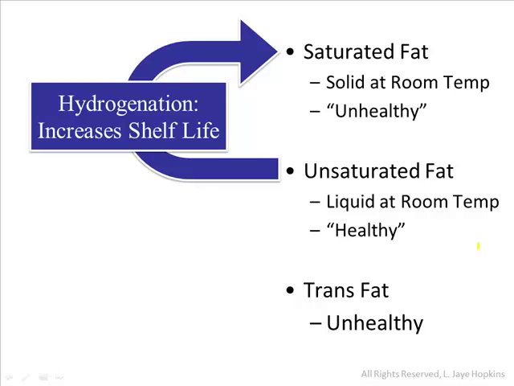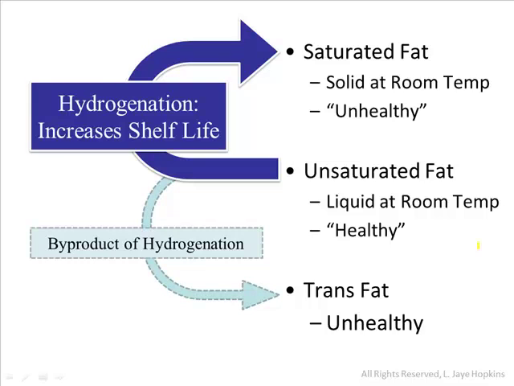While it gives you a less healthy product, that product is now a lot more stable, and sometimes people think it'll taste a lot better too. The downside is when you start to break those double bonds, you get some that reform in the trans geometry.